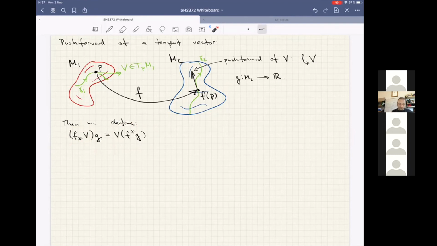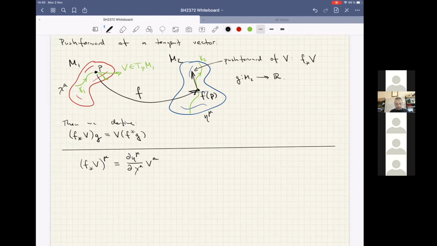And indeed, this pullback of G to M1 is a function on M1. But the more intuitive way of looking at this is what I described before, that we have a tangent vector of the curve gamma 1, and that maps to the tangent vector of the curve gamma 2 in M2.